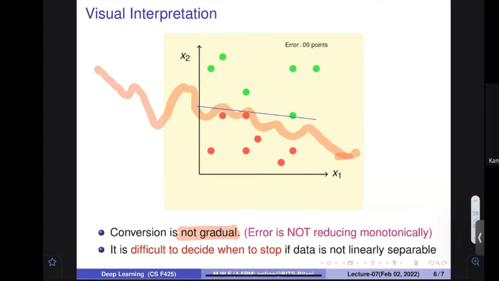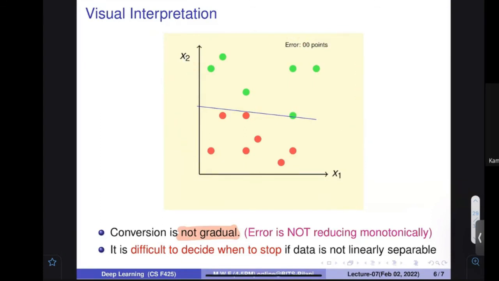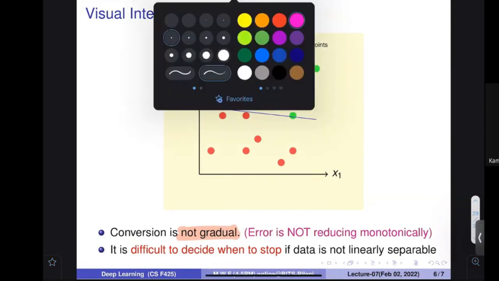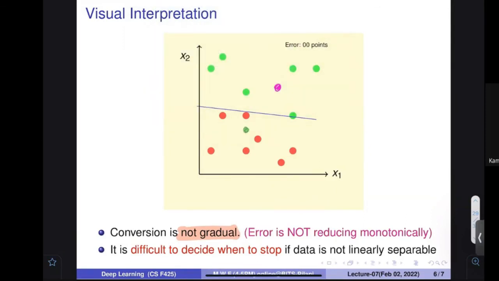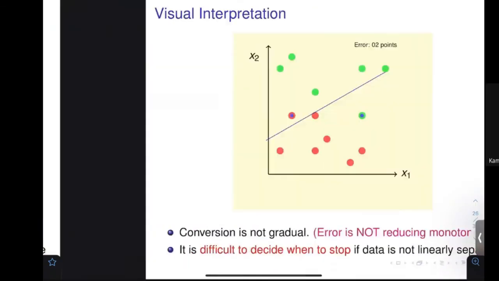In a real-life scenario, your data would not be like this, where things are linearly separable. They would not be linearly separable. So for example, if there is one red point here and one green point here, you cannot do better than this. Even the same line is going to be the better one. You can start with 2 when you get 2 errors.